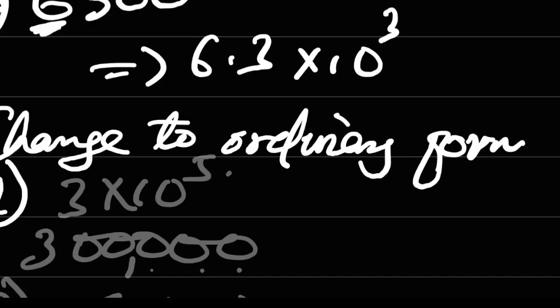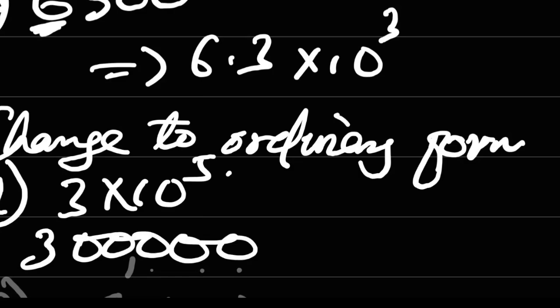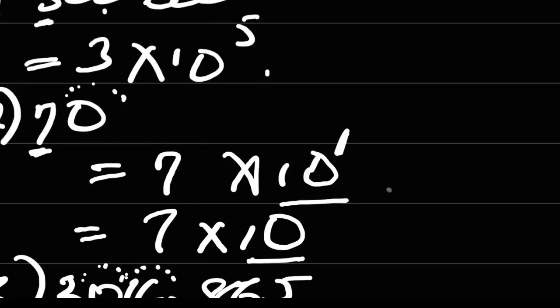What's the first answer? 3 times 10 raised to the power of 5. This will be 3 with 5 zeros. 1, 2, 3, 4, 5. 1, 2, 3, comma, that's 300,000. So you see it has returned back. That is from standard form to ordinary form.